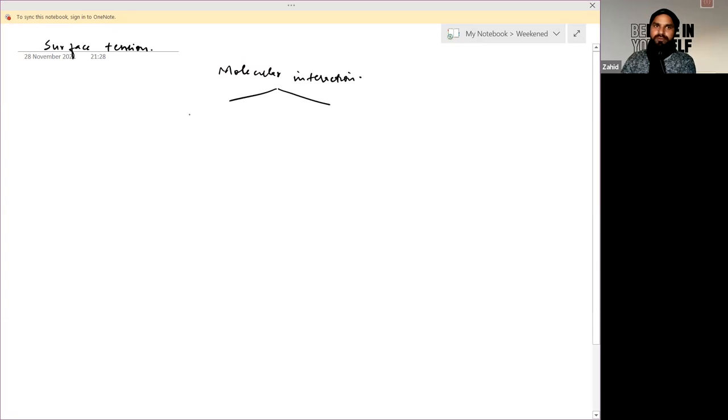There are two different types of molecular interaction. First is called adhesive and second is called cohesive.